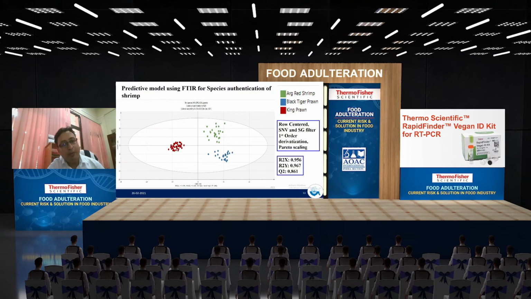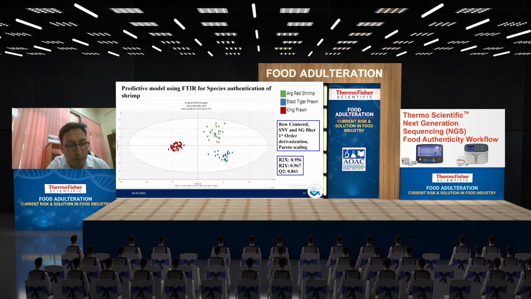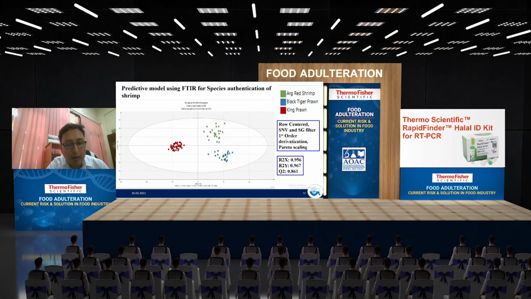Here we developed a model to authenticate three commercially important shrimp species: king prawn; the Vannamei white-legged shrimp, which is most commonly aquacultured in most countries; and the black tiger prawn, which is comparatively expensive, and often king prawn is passed off as black tiger prawn.